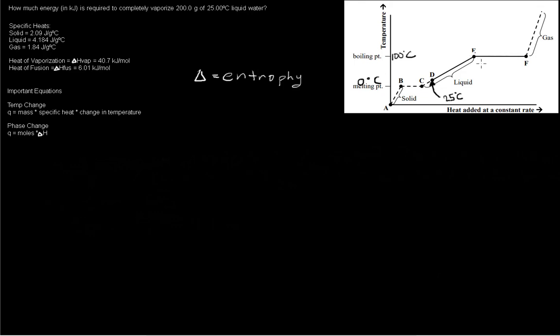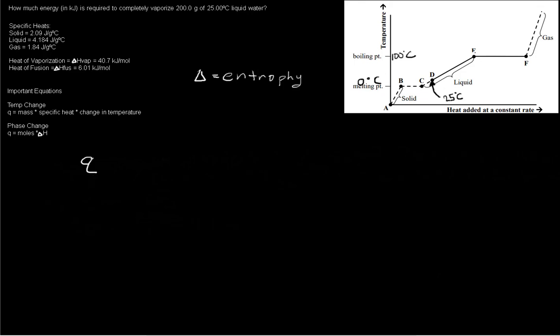So there's going to be one temperature change and one phase change. We know that going from point D to point E is a temperature change because the temperature increases. So for point D to point E, we're going to use the temperature change equation.